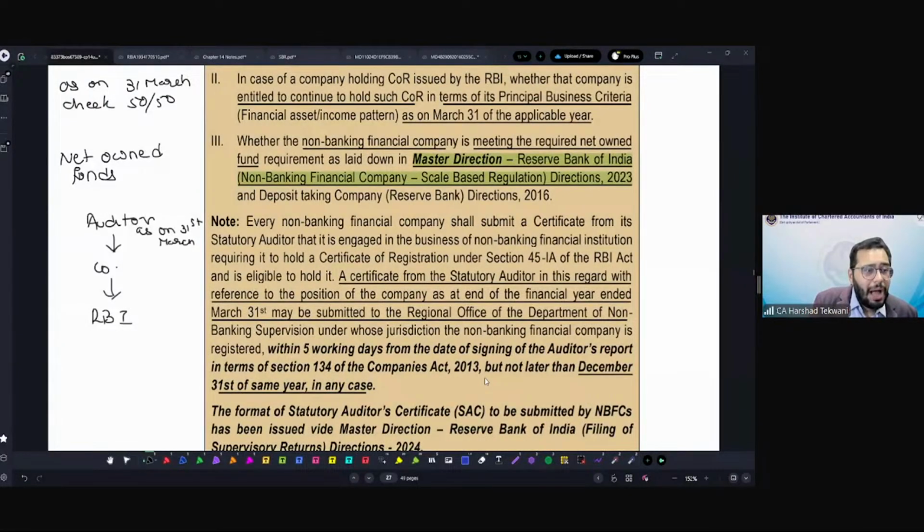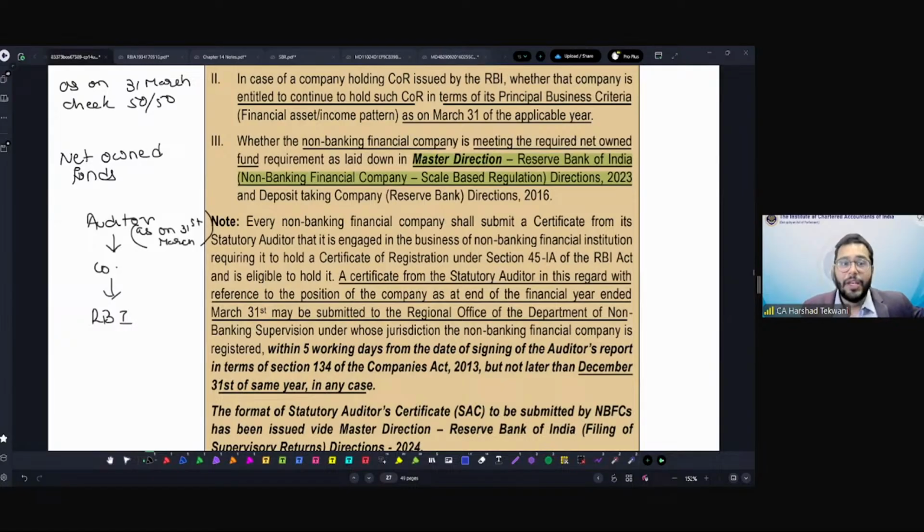As on 31st March, what was the requirement, or whether it is eligible to hold or not? Not during the year, not at any point during the year, but as on 31st March. For the financial year ended 31st March, I'm talking about the position on that date. A company might have net owned funds more than the required amount during the year, but around 31st March they were not having that much in net owned funds.